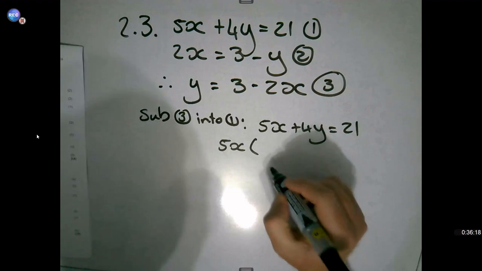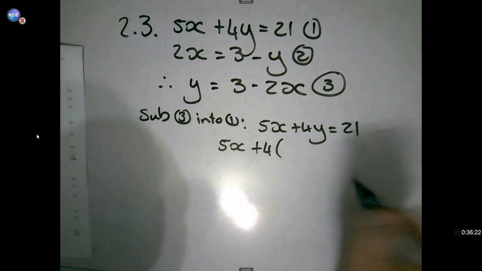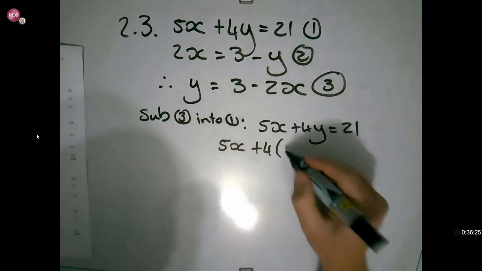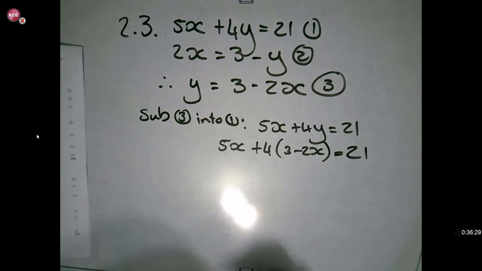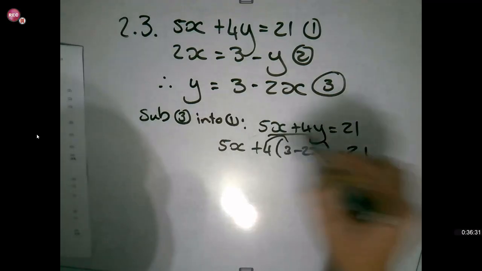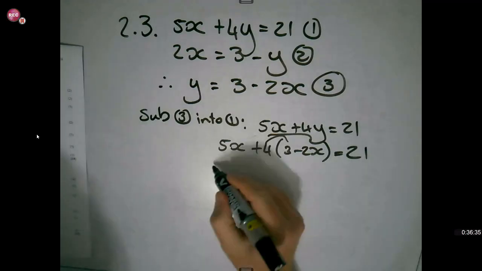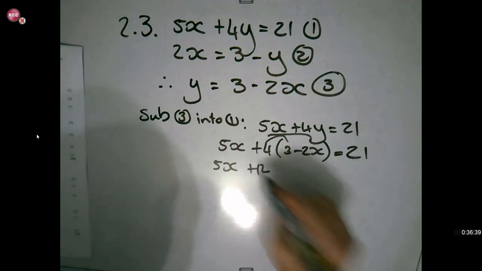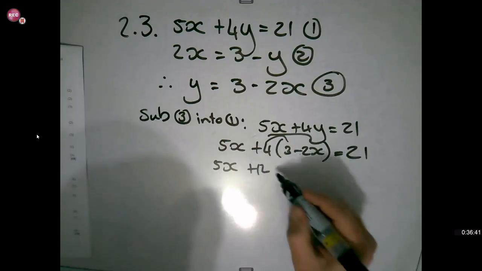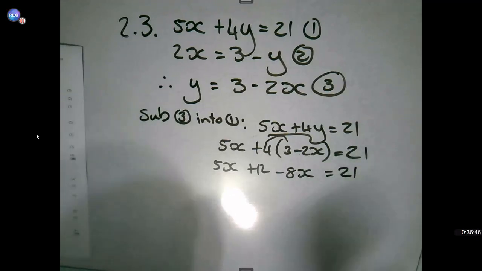So I say 5x plus 4 times, 3 minus 2x is substituted into y, which gives me 21. Now I need to distribute because I want to work with x in order to get a value for x. So 5x plus 12, and then a positive times a negative is a negative. 4 times 2 is 8x equals 21.